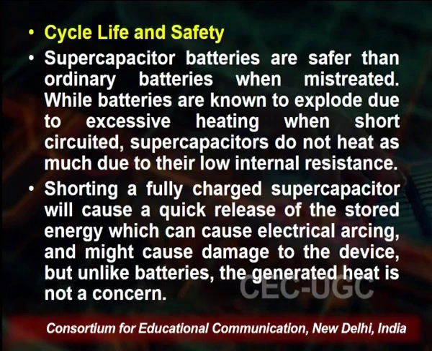Shorting a fully charged supercapacitor will cause a quick release of the stored energy, which can cause electrical arcing and might damage the devices. But unlike batteries, generated heat is not a concern in this case.